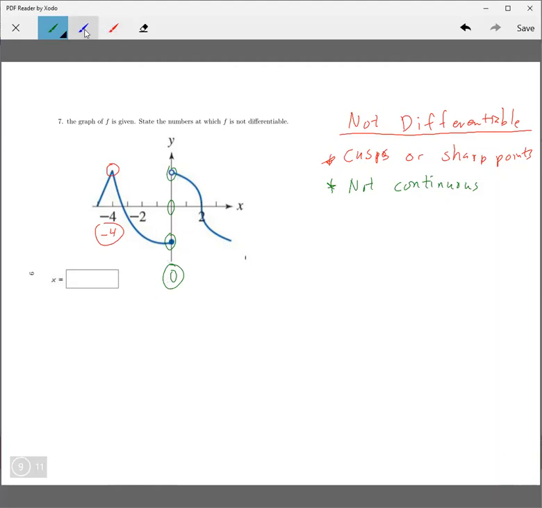And then another one would be where you've got a vertical slope. And that would be something like this right here. So 2. At those points, it's not differentiable. So -4, 0, and 2.